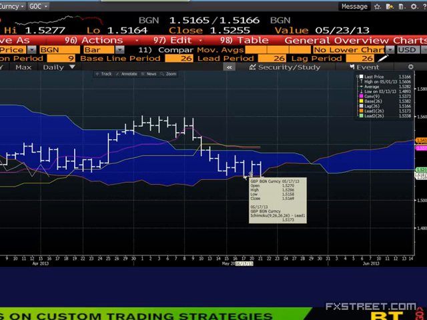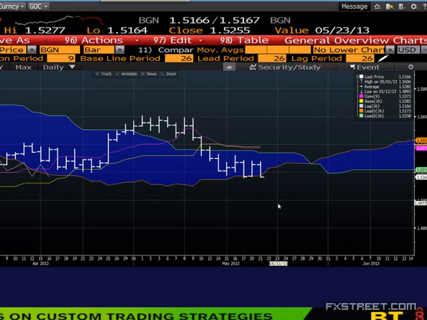What is also good about this is that they're quite simple to look at. Basically, anything above the cloud is an uptrend, below the cloud is a technical downtrend. So obviously, when you get to the tops and the bottoms of the clouds, they become key resistance and support levels.